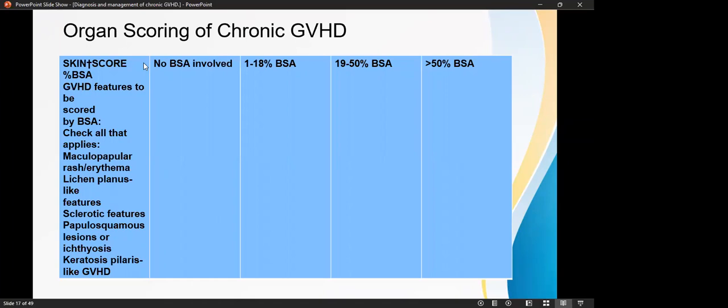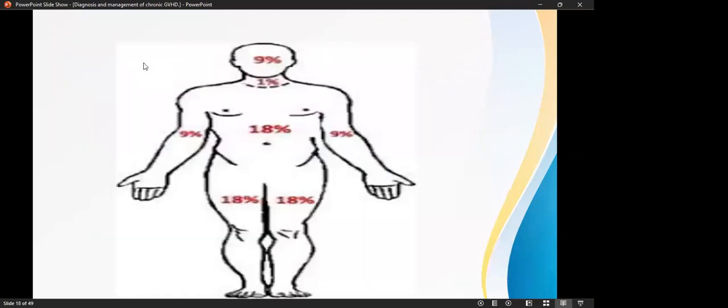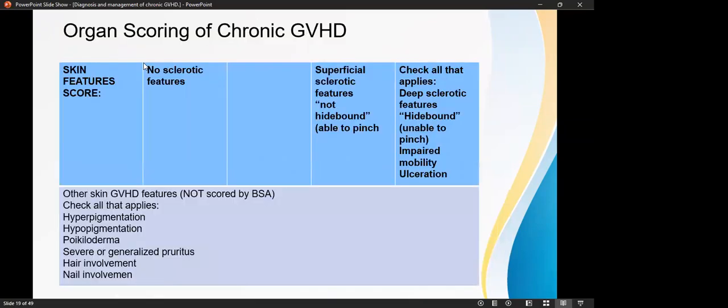And what we will check and observe: maculopapular rash, erythema, lichen planus-like features, sclerosis, and sclerotic features.